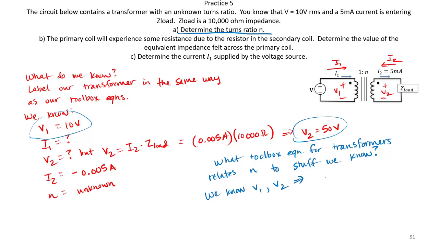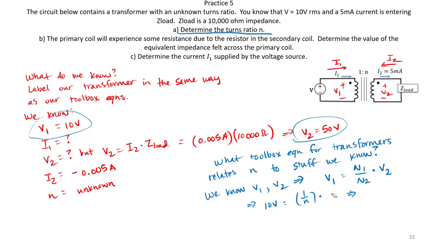So we can write that based on our toolbox equation, V1 is going to be N1 over N2 times V2. Or we can write that 10 volts equals 1 over N times V2.